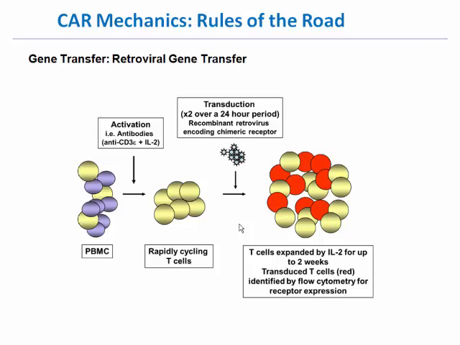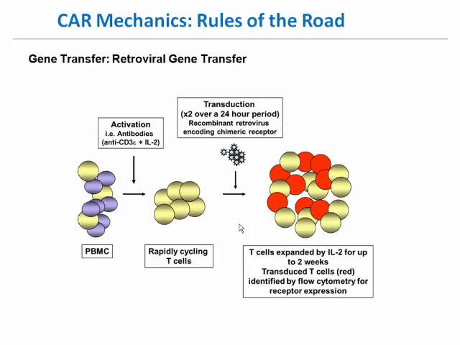Within 2 days, the population turns into around 90% rapidly cycling T cells, where the retrovirus is then added in the presence of a substance called retronectin, which facilitates gene transfer. After 1 or 2 rounds of transduction, the T cells are expanded for a period of 2 weeks.